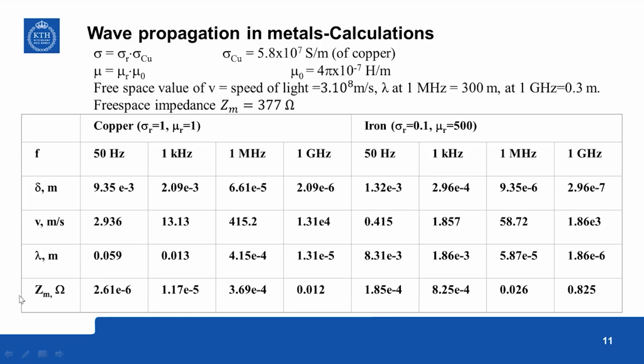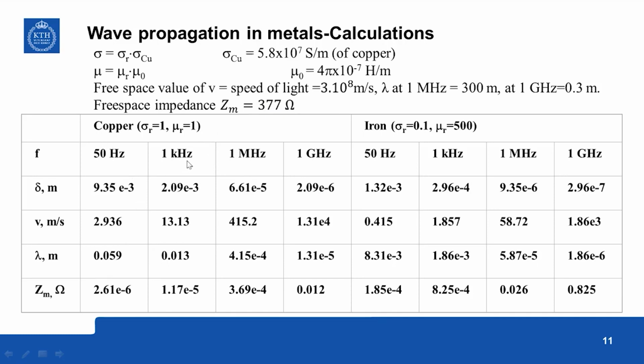And the intrinsic impedance of the medium here is 2.61 milliohms, 10 to the power minus 6, whereas in free space it is 377 ohm. So you see that the properties of the wave in metals are very different from that in air or free space. So this is very important in EMC studies, this distinction.